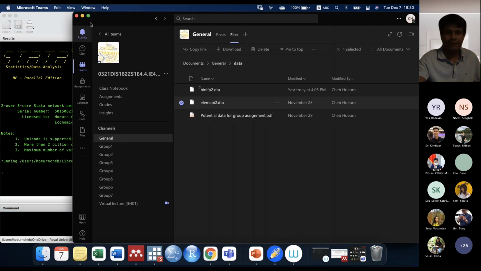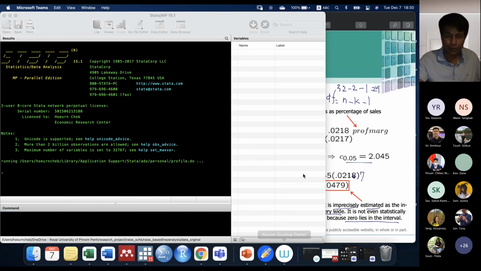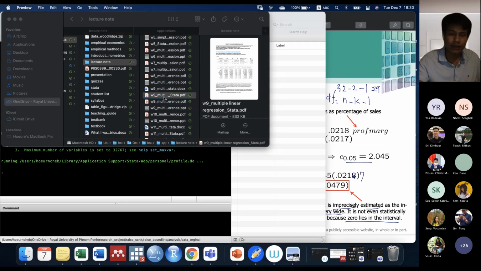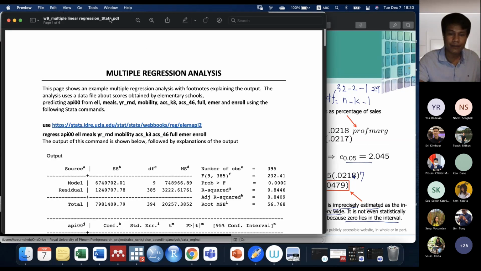Open your data. Also open the data file, the hands-on exercise file. Where is it? This one. Have you downloaded the file and data?